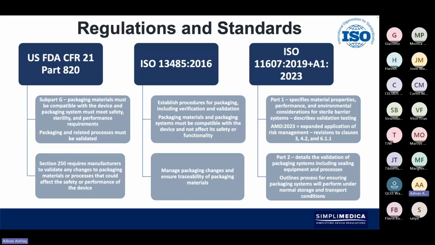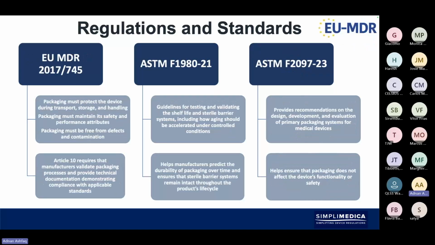And then the amendment in 2023 is also looking at expanding the application to risk management. So there's been a few revisions in that, and then also looks at details the validation of packaging systems, including sealing equipment and processes, and then also outlining the requirements for storage and transportation.